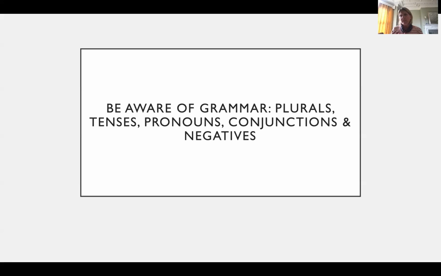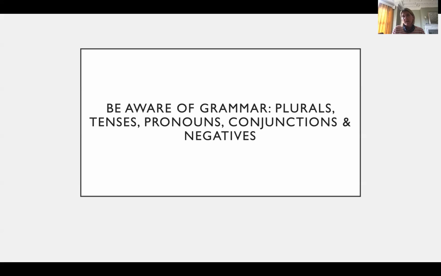So that children develop that ability to use plurals in their talk, but also have that understanding. And for children who are learning English as an additional language, who are new to English, that conscious modeling, not just of vocabulary, but vocabulary with different grammatical structures is crucial.